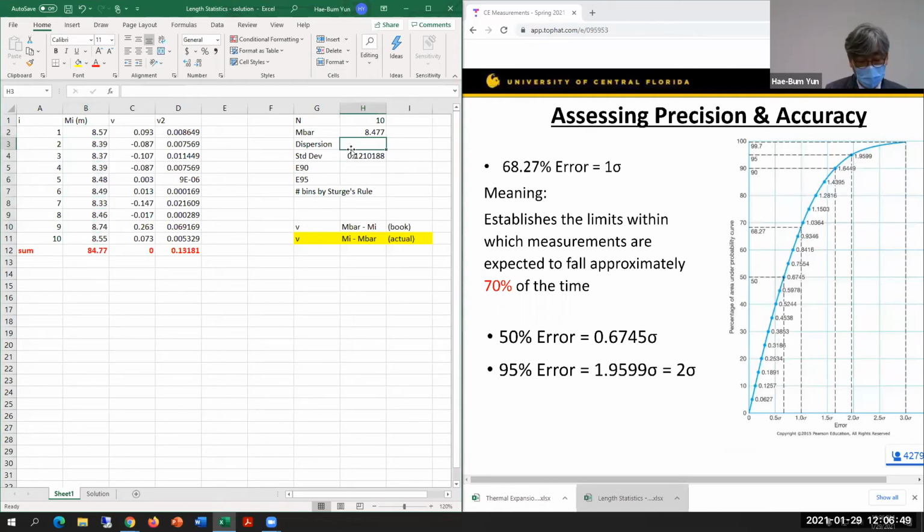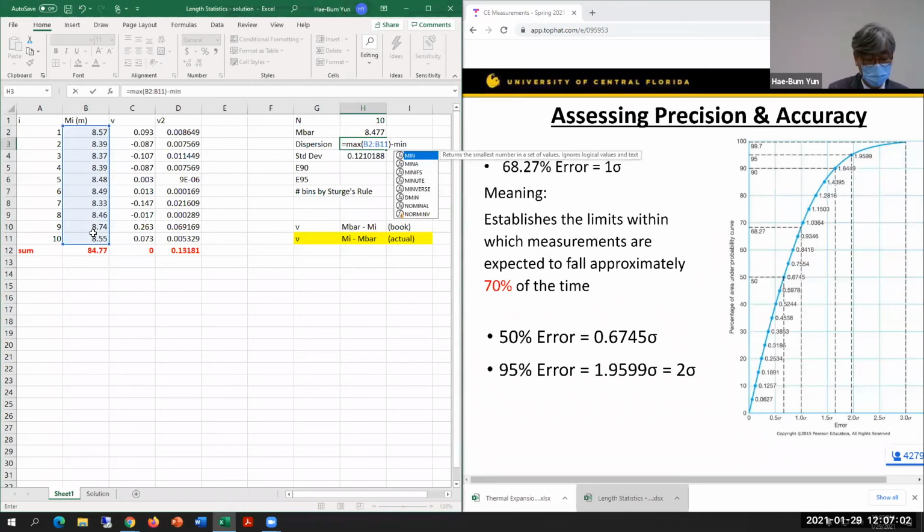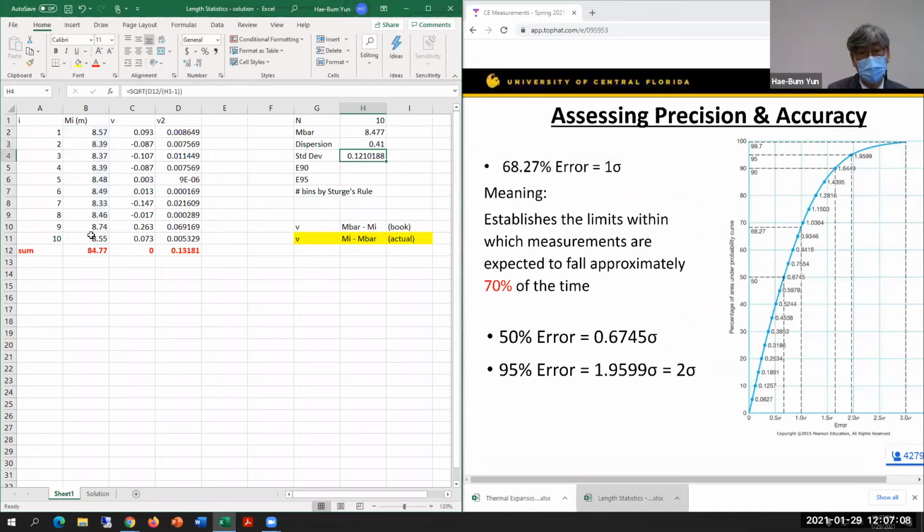So dispersion is equal to the max of these values minus the mean of the same values, right? Then you will get dispersion. Okay, got it. Thank you so much.